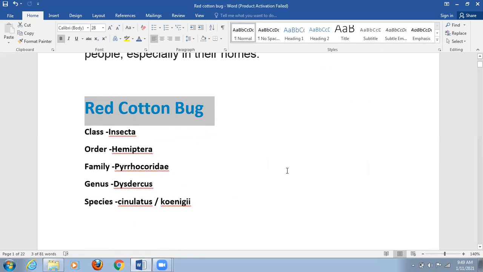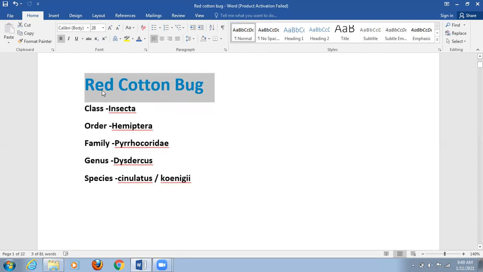This is an economically important agricultural pest because it damages different types of economically important crops, and ultimately they harm the economic wealth of the farmer. That's why it is important to study the red cotton bug.